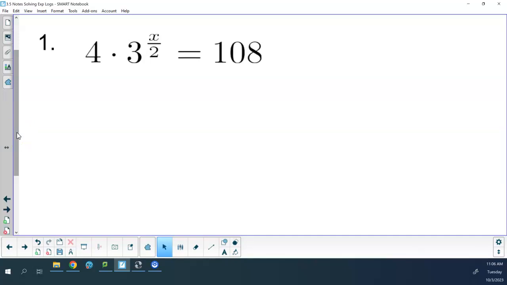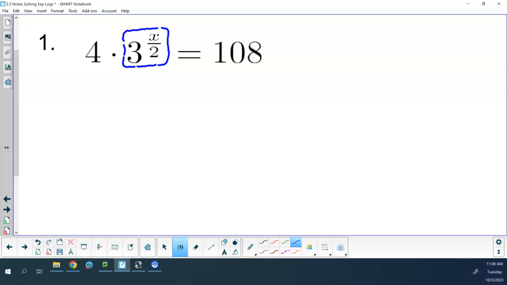Okay? So the very first thing is we need to isolate, I almost said identify, we need to isolate our exponented or our logarithmic term. So that is our exponented term. We need to isolate that.